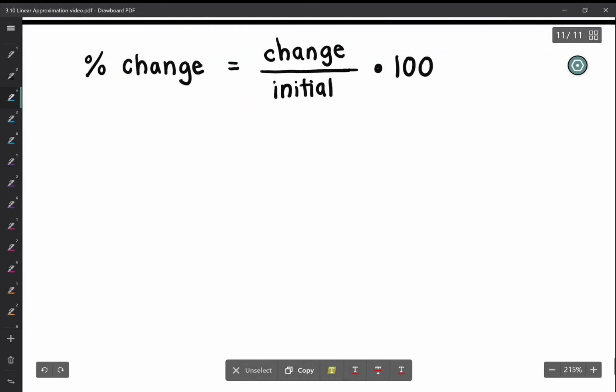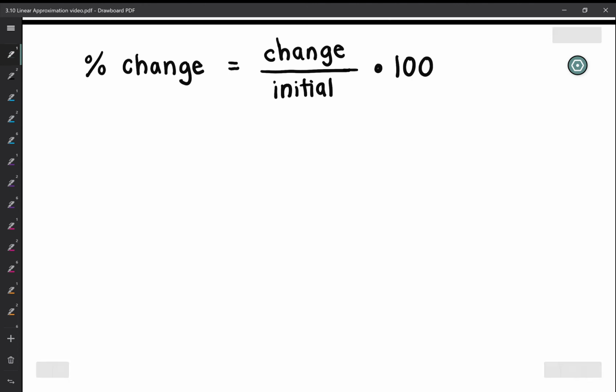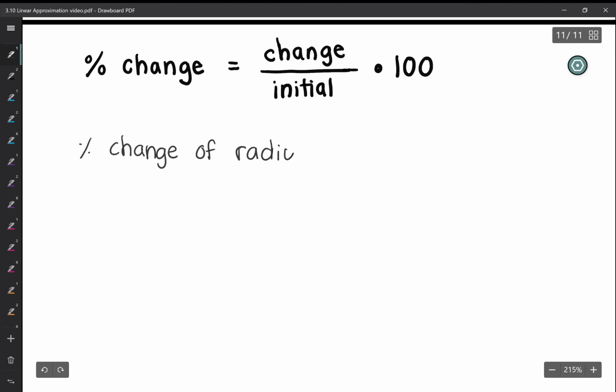Now we need to find the percent changes. Let's start by finding the percent change of the radius. The percent change of the radius will be equal to the change in the radius, dr, over the radius, r.